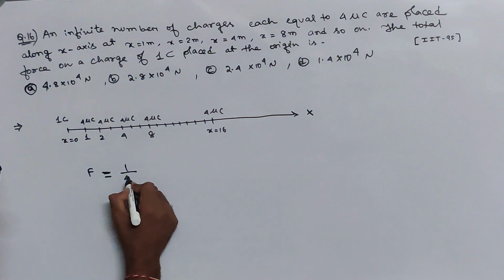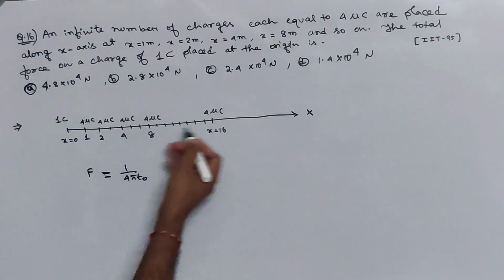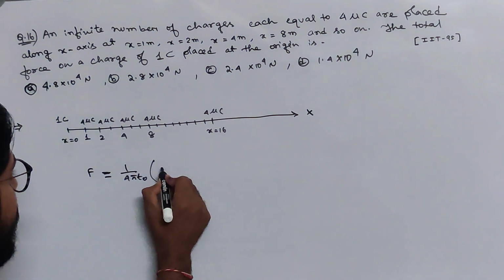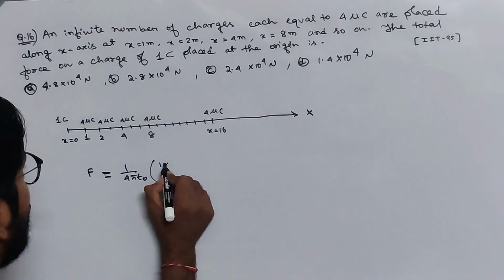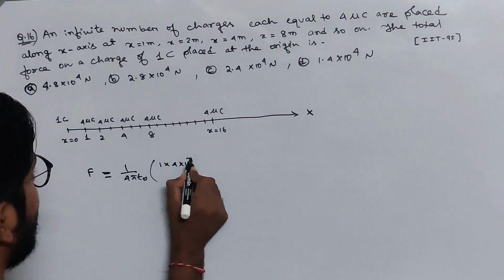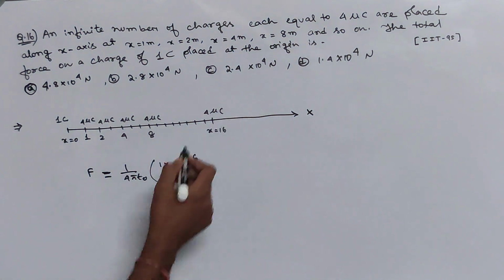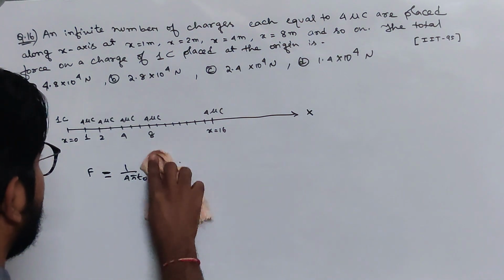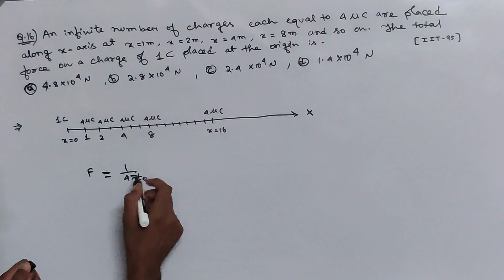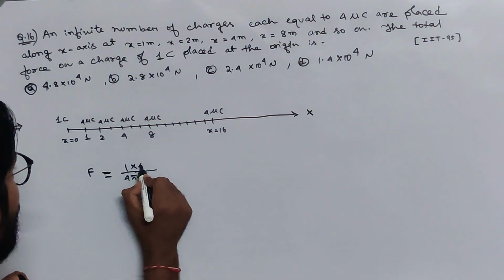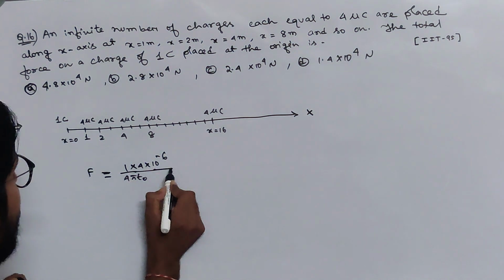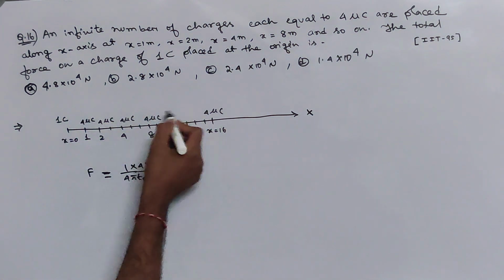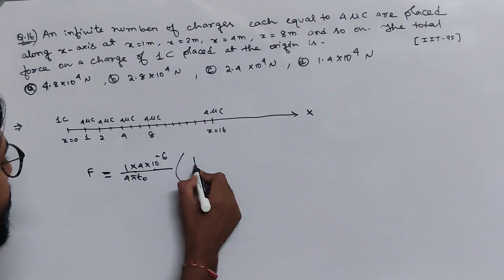Then I can take 1 by 4 pi epsilon naught common in the expression. For the first one, it will be 1 into 4 microcoulomb, that is 4 into 10 to the power minus 6, and this will also be common in all the force terms. So 1 by 4 pi epsilon naught, q into q1 q2, is common for all these terms, divided by r square.